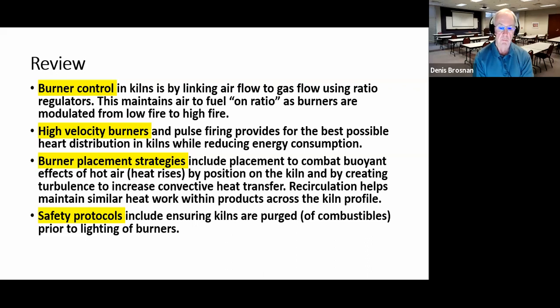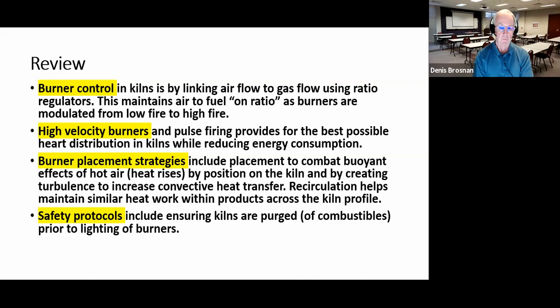We talked a lot about burner placement strategies, and the basic idea is that heat rises. So we can place burners low in the kiln, in a tunnel kiln or in a periodic kiln. We can place them such that they create a swirl and make the combustion gases move through the product setting that's in the kiln. Again, we're trying to encourage convective heat transfer. We also know that some kilns are top fired.